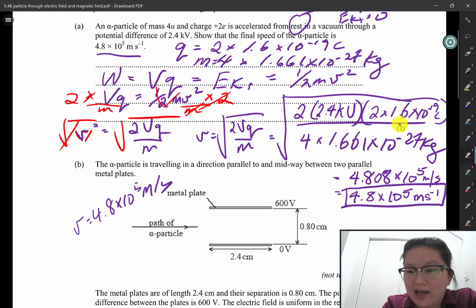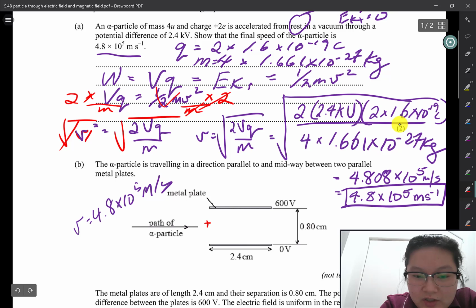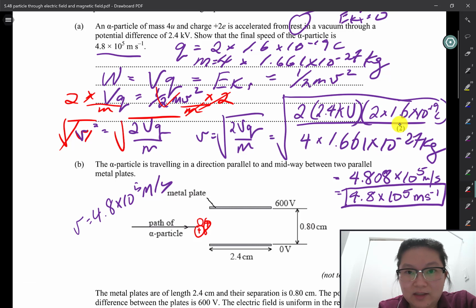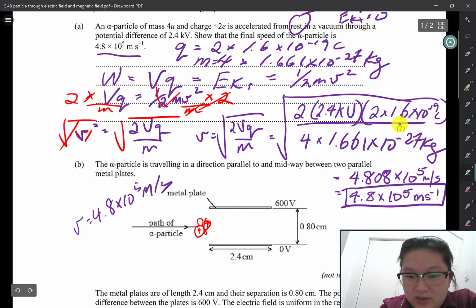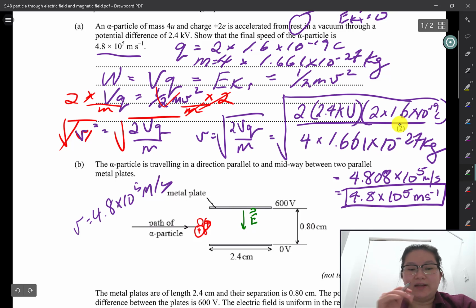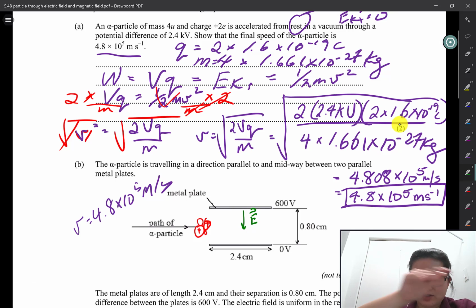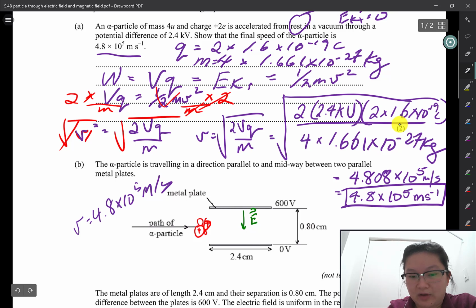So if you have a positively charged alpha particle going here, then of course you're going to experience an electrostatic force that's going to push you down towards the other end of the plate. The electric field is going to go down, and so an alpha particle will actually bend towards the other part of this plate.